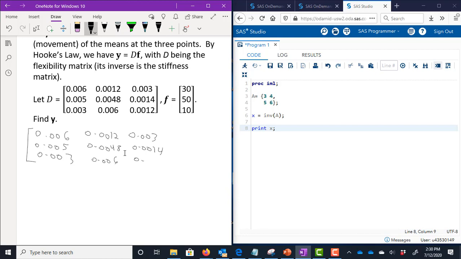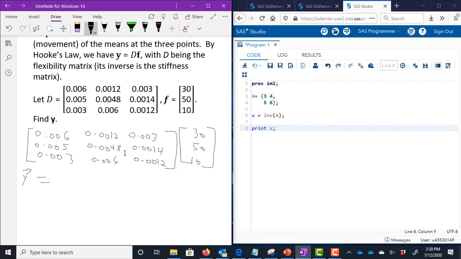As you can see, just writing these out takes its own length of time. Taking that entire matrix D times the vector F of 30, 50, and 10. And then you have to do each one of these separately to obtain our answer for Y.